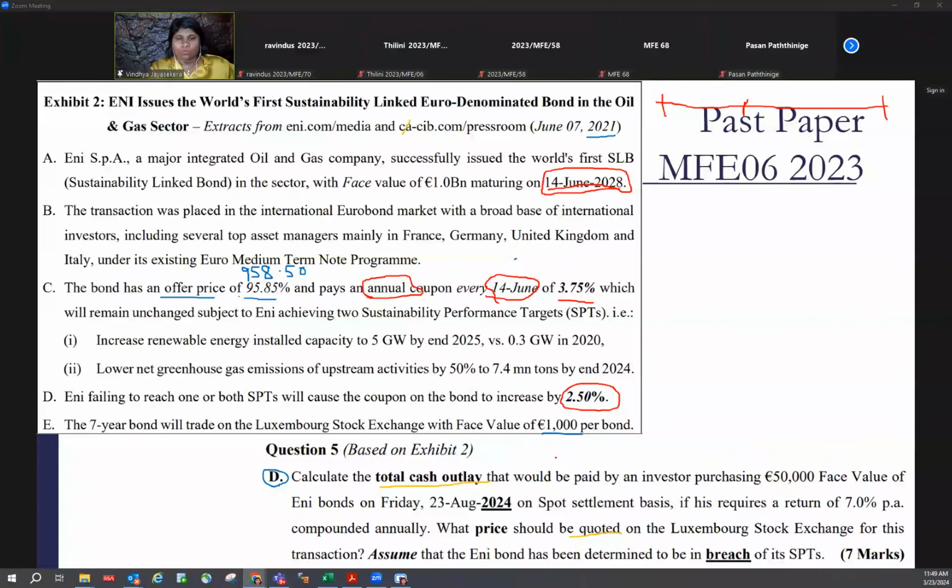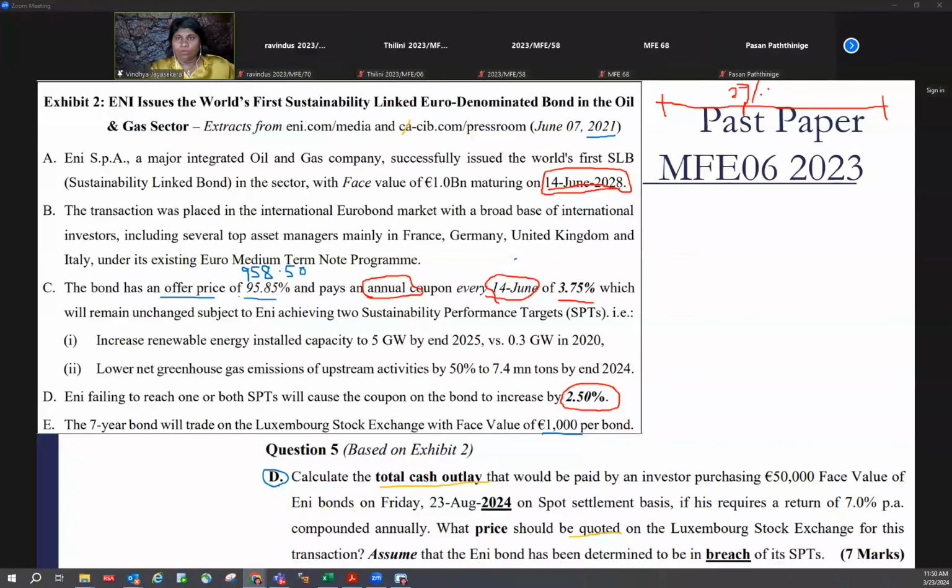So today is Friday, 23rd of August, spot settlement. So what is your trade settlement date? 27th of August. Yes, 27th of August.